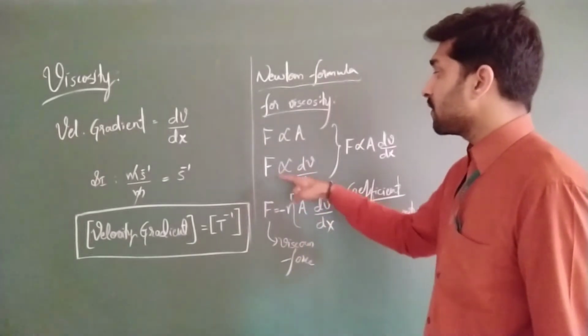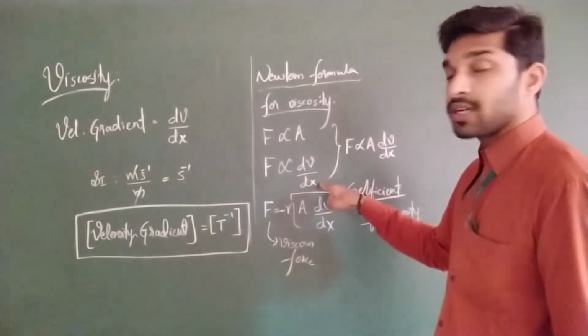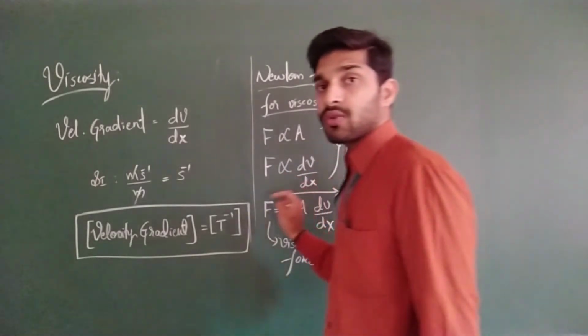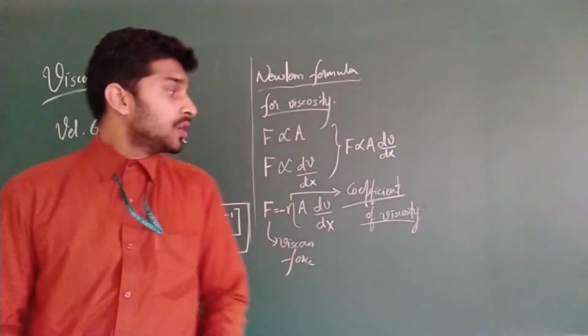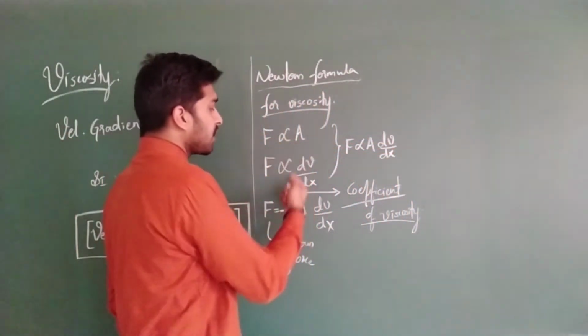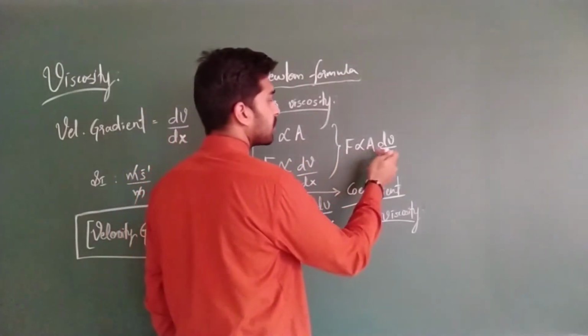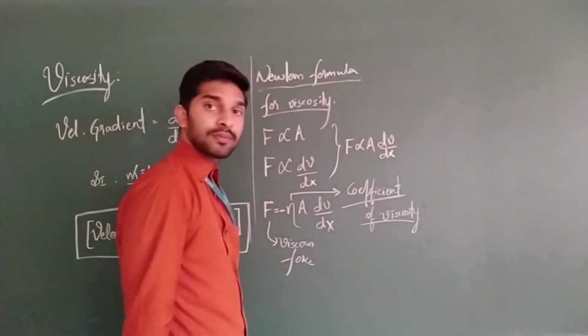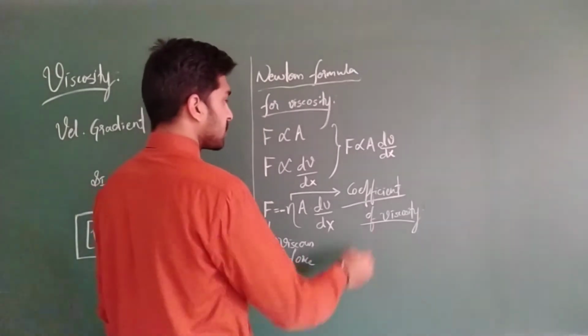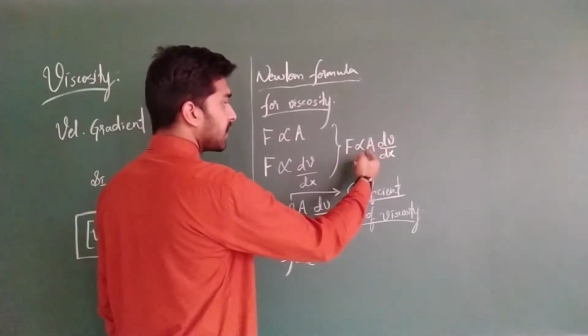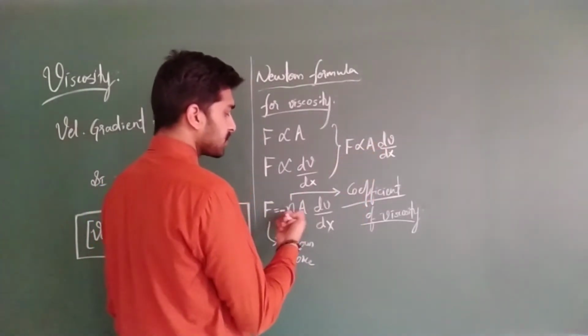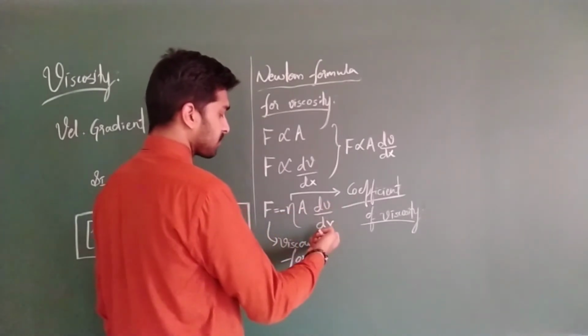Then F is directly proportional to the velocity gradient, dV by dx. If I club these two, F is proportional to A into dV by dx. Otherwise, F is equal to eta, a constant I introduced, into A into dV by dx.